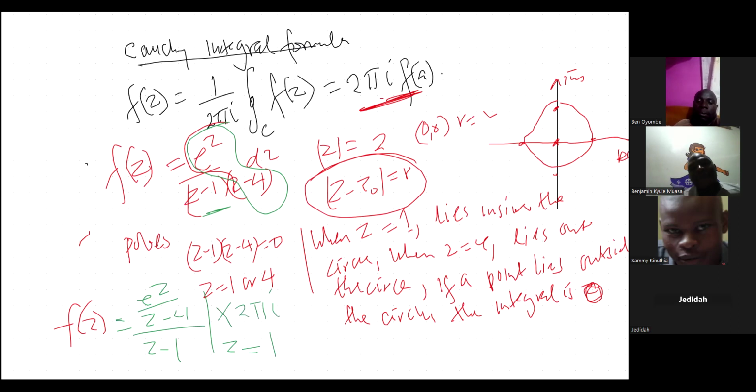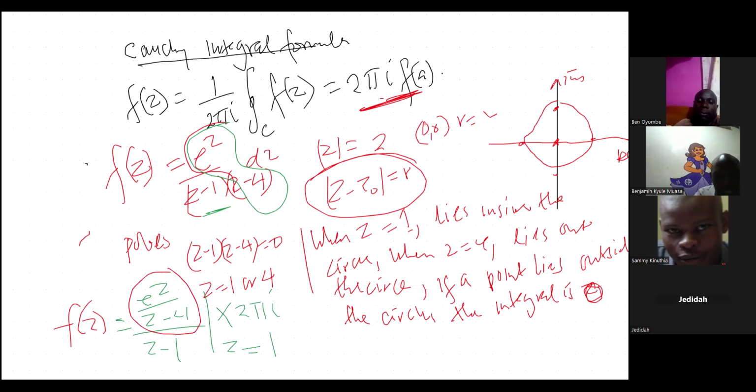Now this one means that where there's z on the top here, we substitute 1. So you're going to have, what is e to power 1?